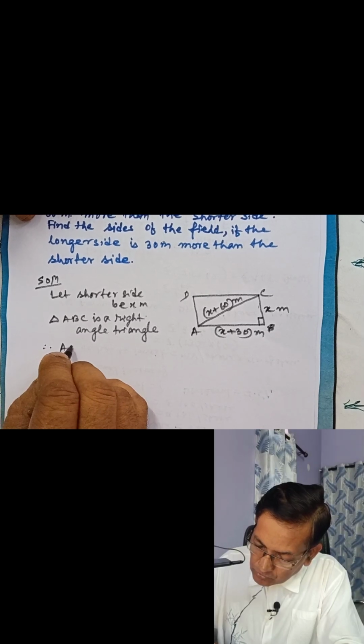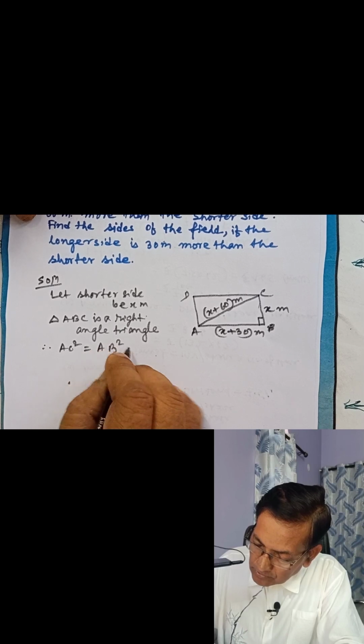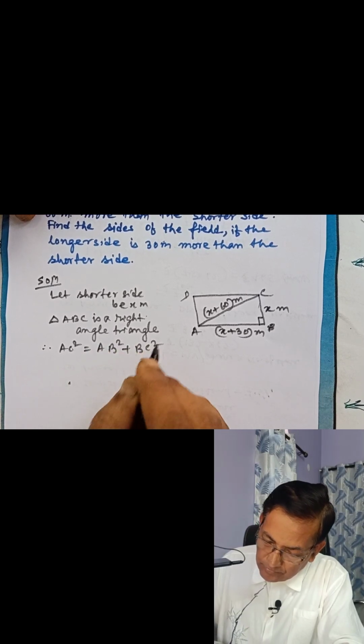Therefore, AC square is equal to AB square plus BC square.